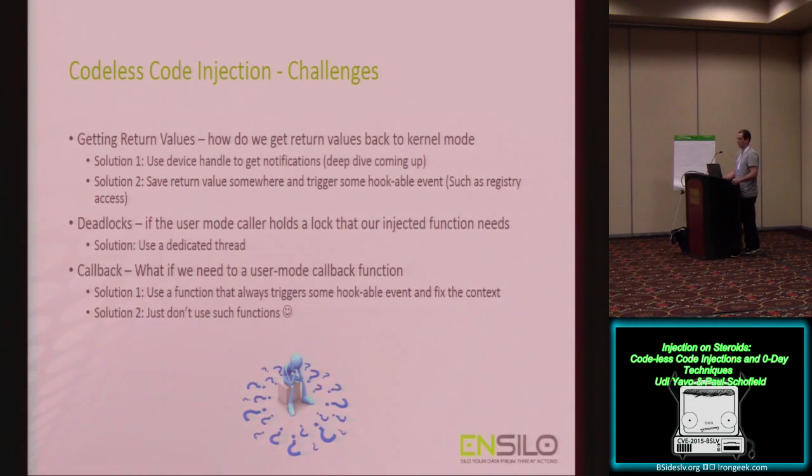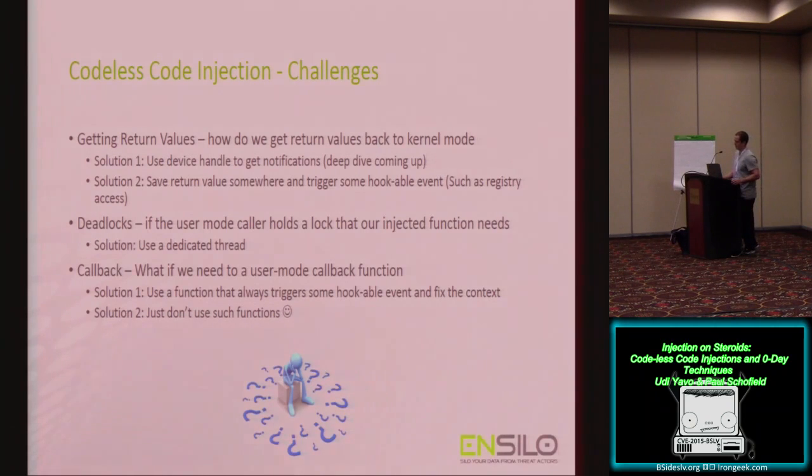Another possibility is to trigger some hookable events, such as registry access, wait for it to happen, then grab the return value from somewhere and fix the context. This is harder to do, and we didn't go that way.